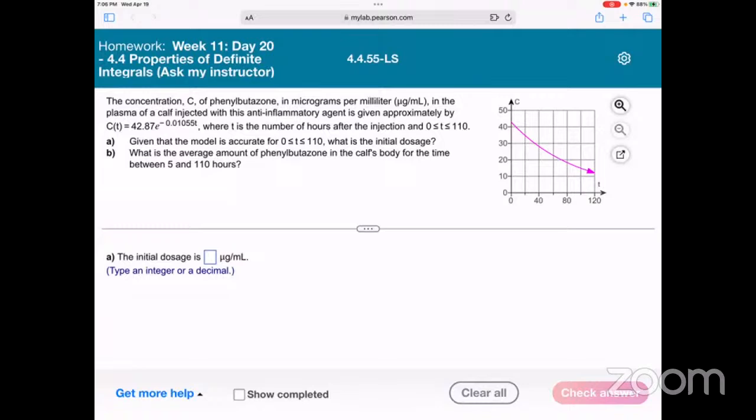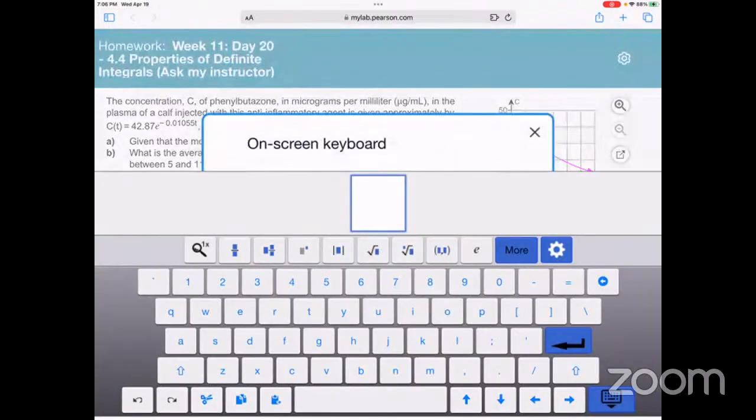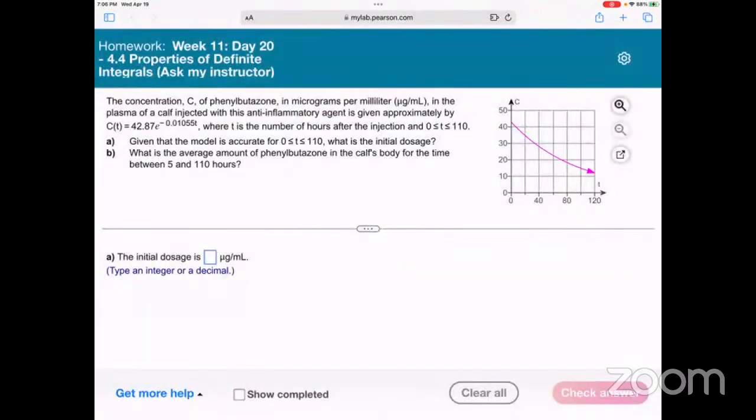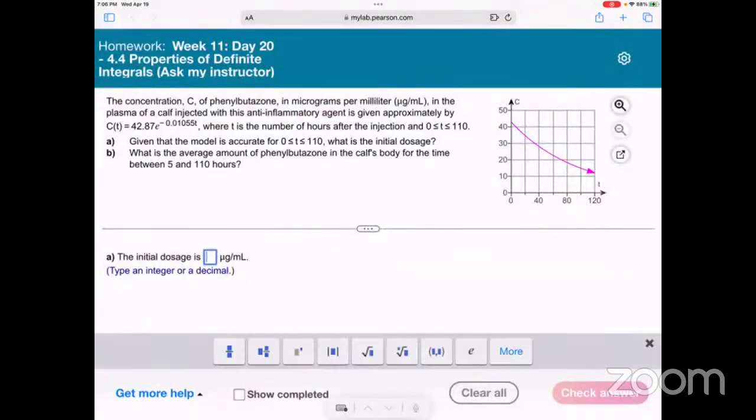When time is 0, I just plug in t equal to 0. The exponential becomes 1, because it's to the power of 0. The only thing left is 42.87. I'm going to put 42.87 for the first one. All I did was let t be 0.